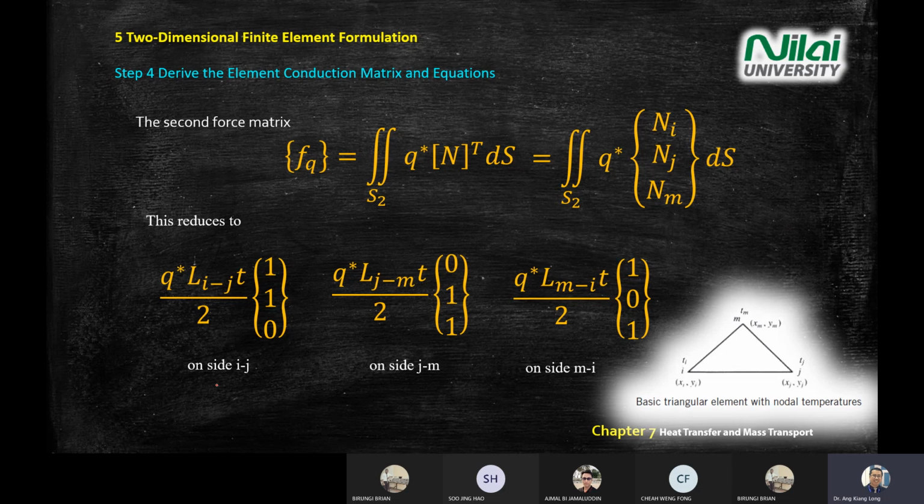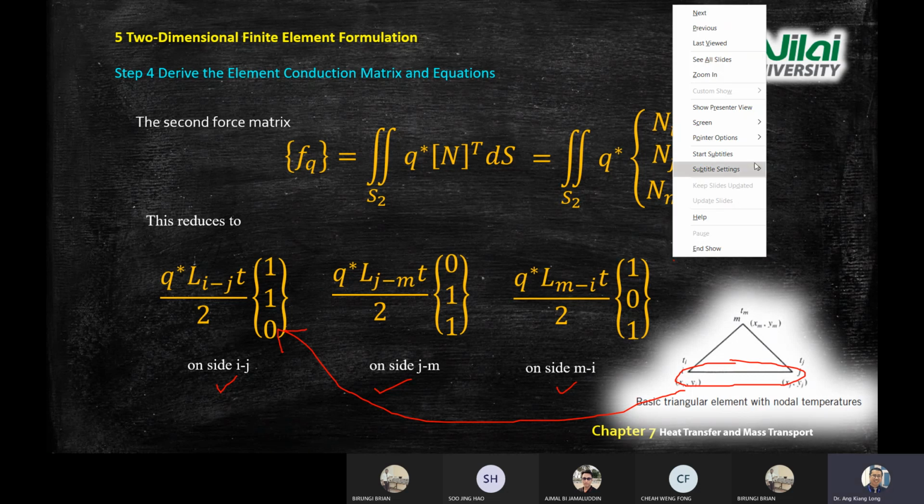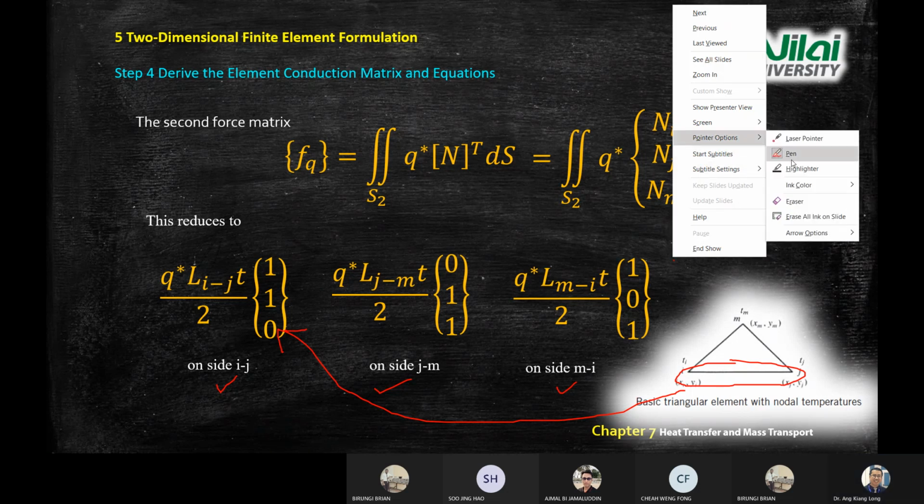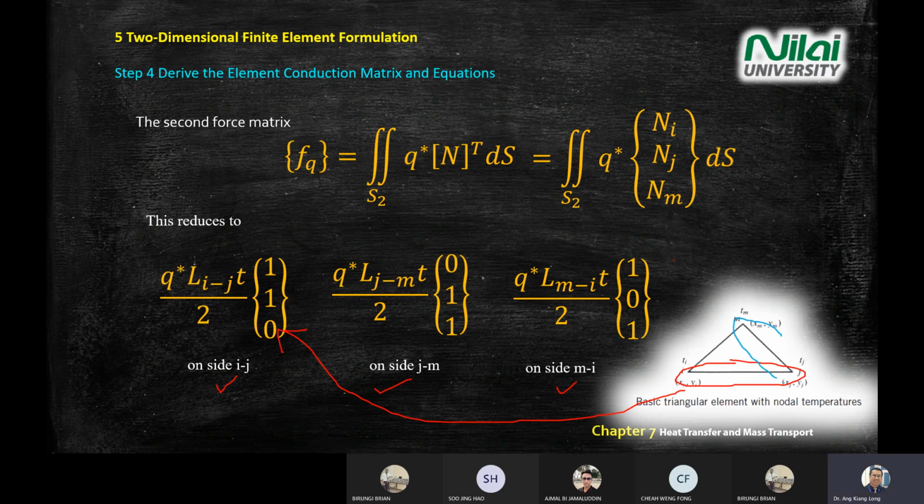Okay, so you have 3 equations here, depending on the site that you calculate. If you are referring to this site, ij, you use the first equation. If you are referring to this site, jm, then you use this one.